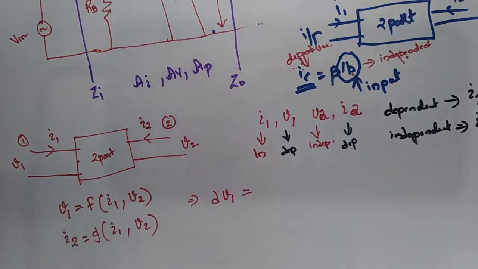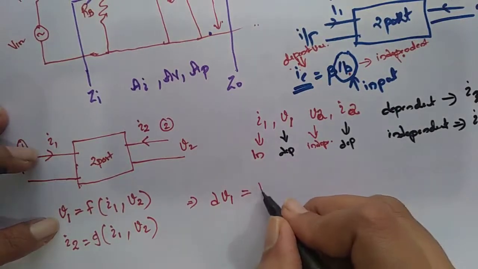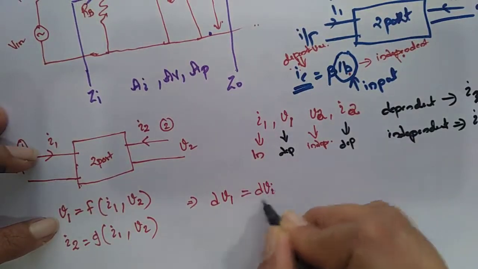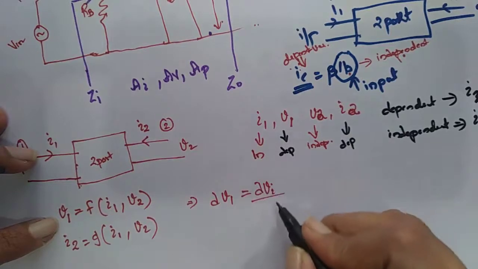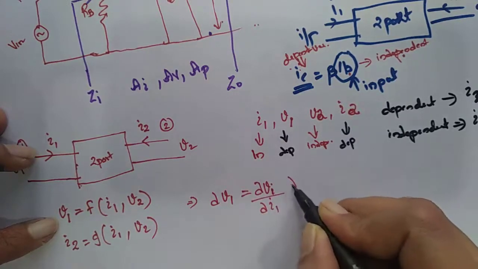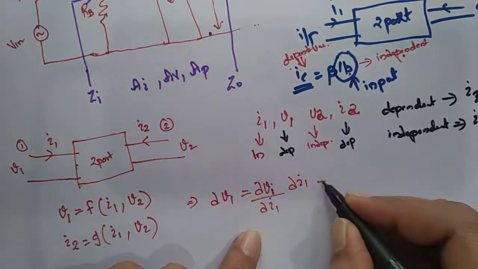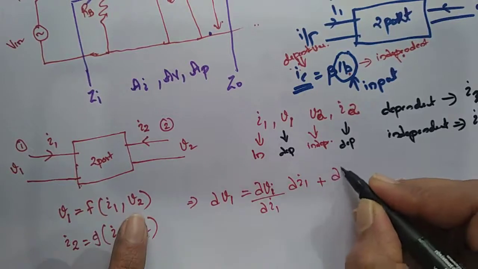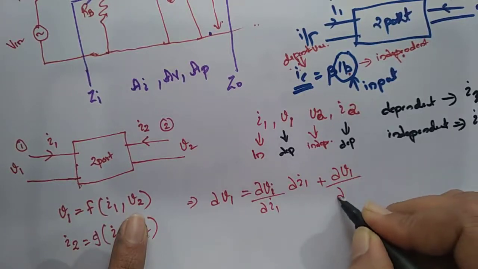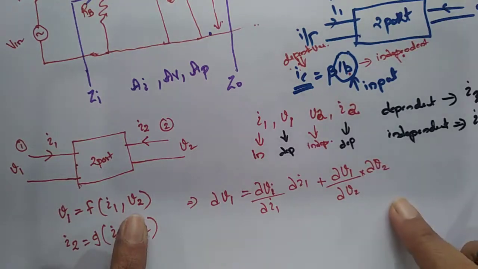How can I represent it? I can write it in partial differentiation form as dV1 equals dou V1 by dou I1 into dI1, plus the sensitivity dou V1 by dou V2 into dV2. I can write the equation like this.